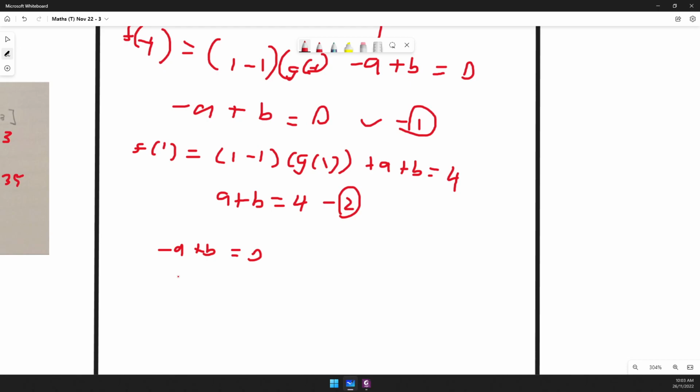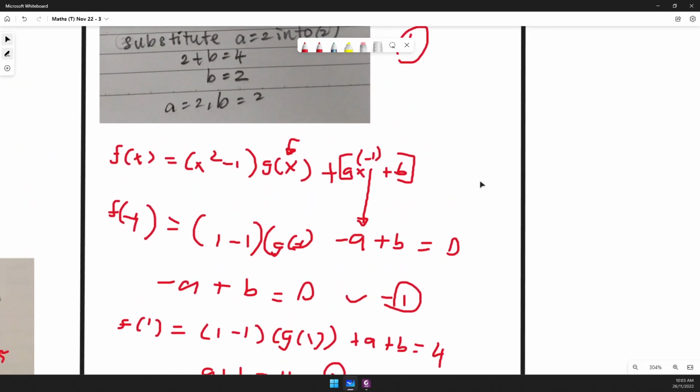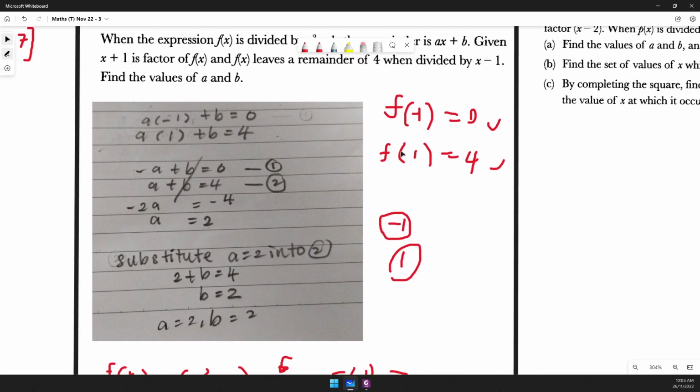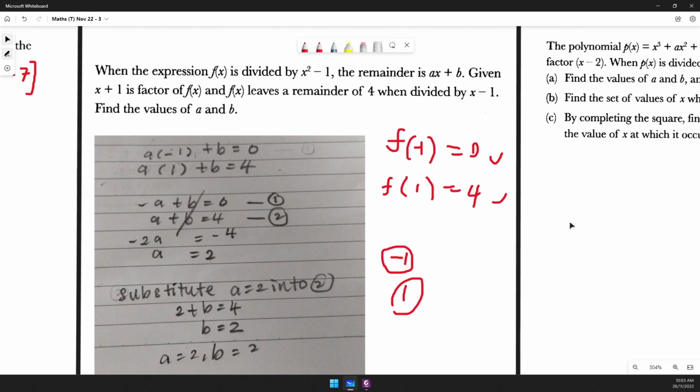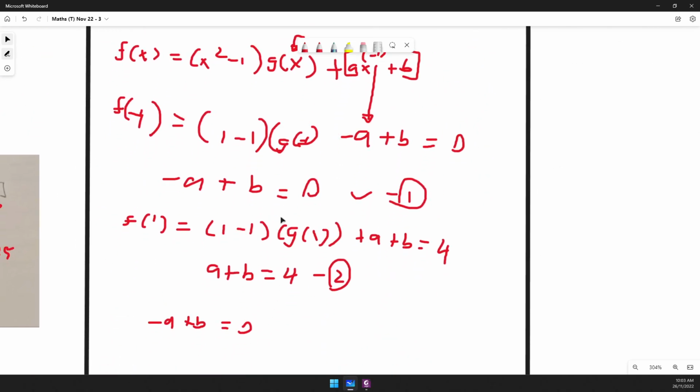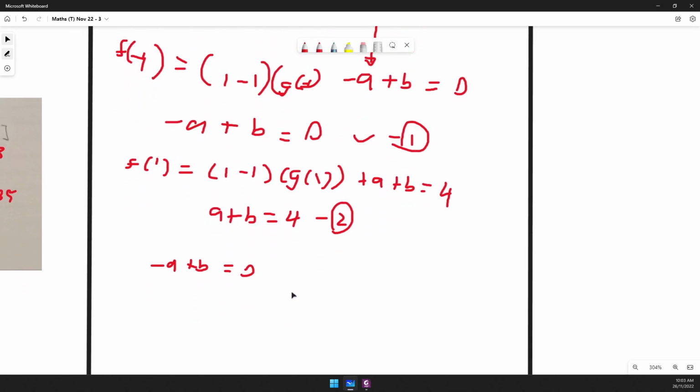Let me check again: f(1) has remainder 4, f(-1) is 0. So f(-1) is 0, f(1) is 4. All good?